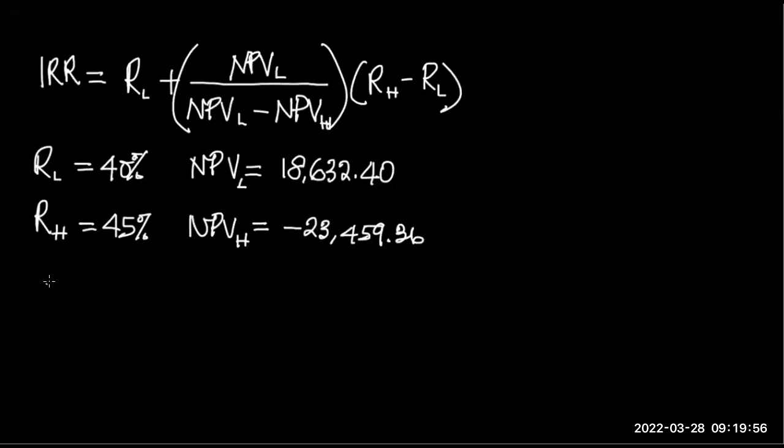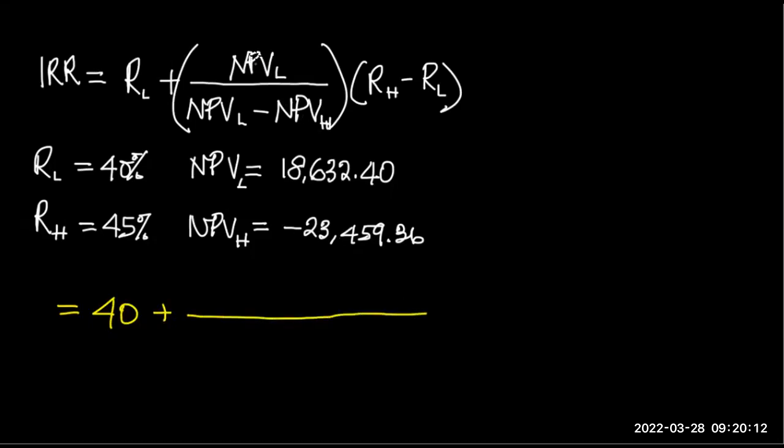So let's apply this formula now to get our internal rate of return. I'll use a different pen. I like using yellow and black. So the internal rate of return is our first rate, which is 40%, plus a fraction.